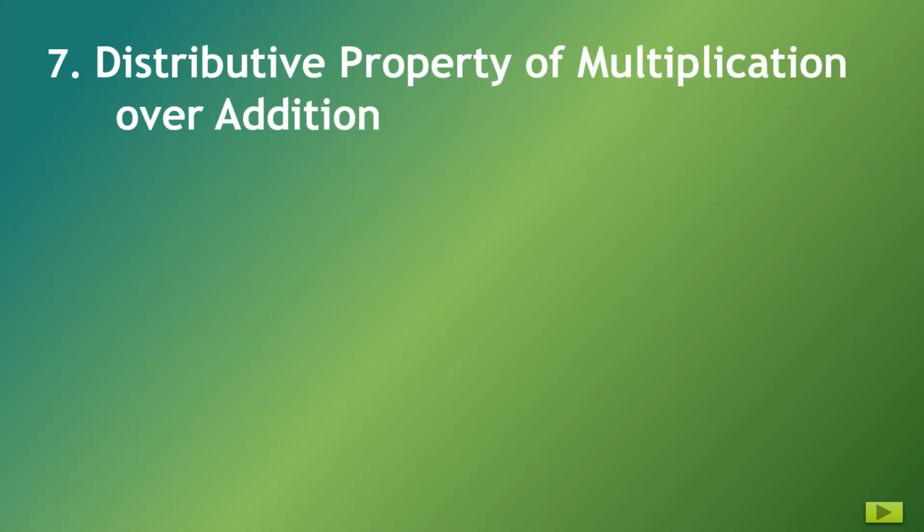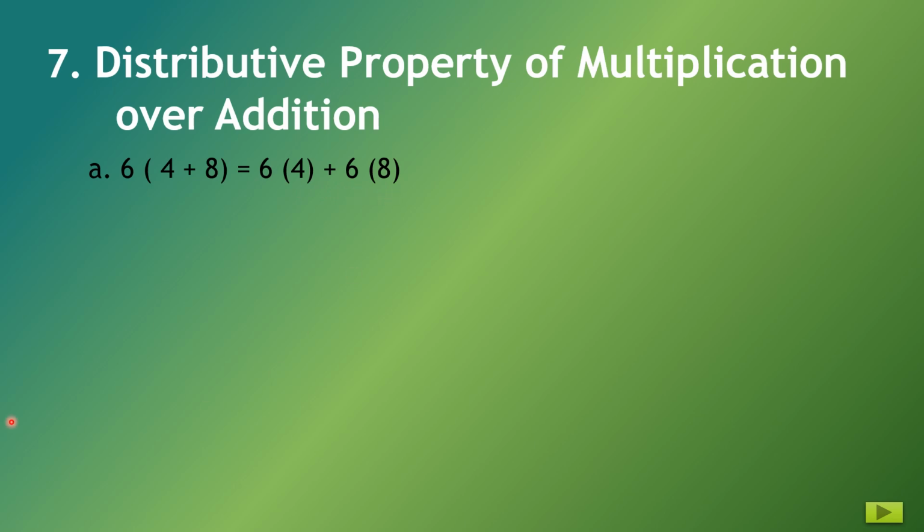Okay, the last property is the distributive property of multiplication over addition. Examples. 6 times the quantity of 4 plus 8 is equal to 6 times 4 plus 6 times 8. Again, dinistribute natin ang 6 sa 4 at sa 8. Kaya naging 6 times 4 plus 6 times 8.